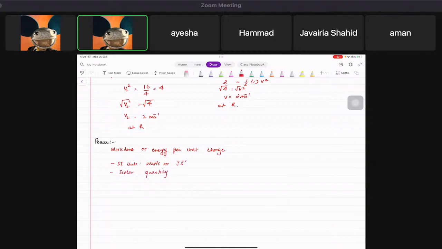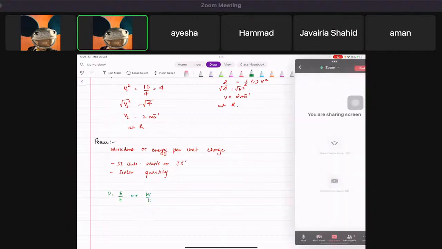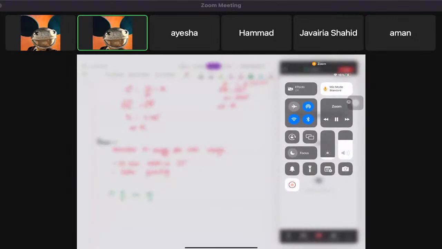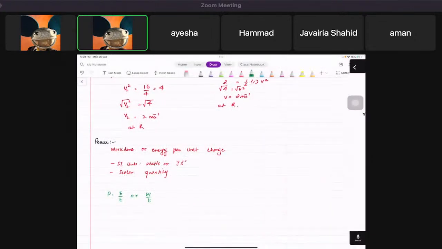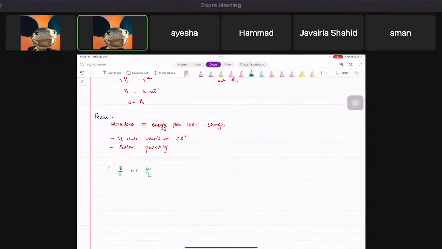Now power itself has three different formulas. One of those is energy over time. You could also write work done over time. But there is also a third one, and that would be a small derivation.